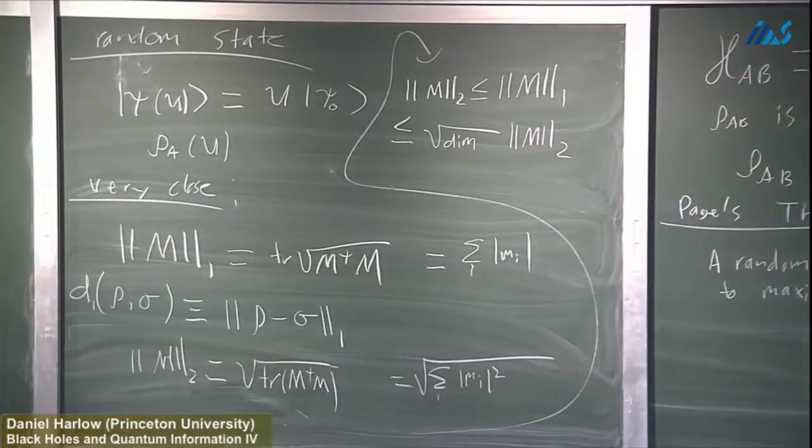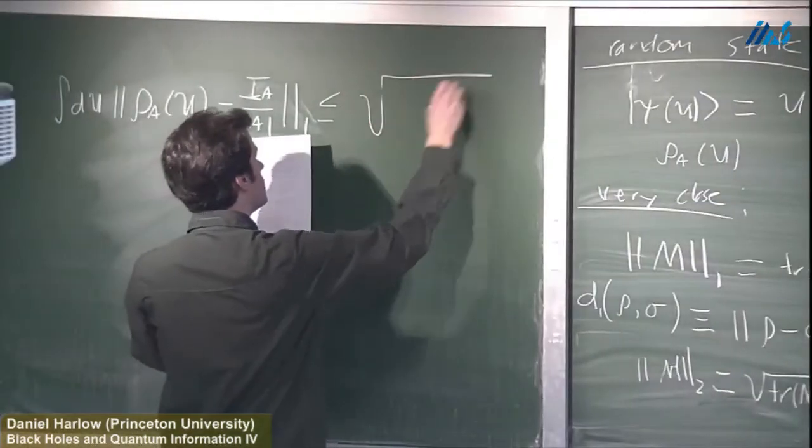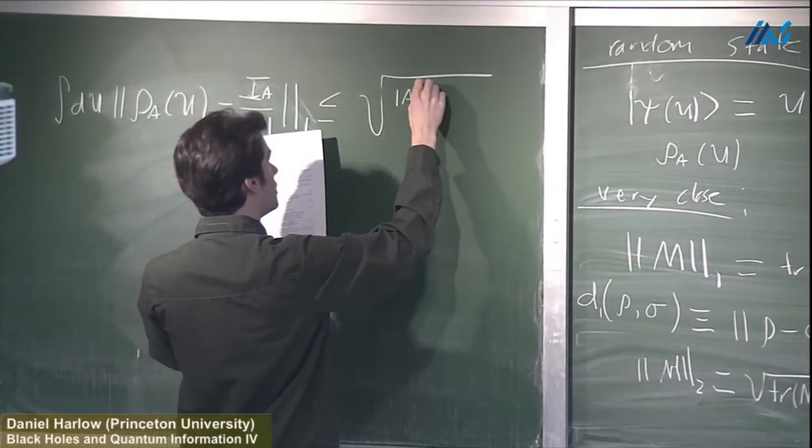All right, so now with this technology, we can give the precise statement of Page's theorem, which is that the integral dU of the trace distance between rho_A of U and I_A, so the average trace norm distance between rho_A and the maximally mixed state as we average over the unitary group, is less than or equal to, here's one version of the bound.